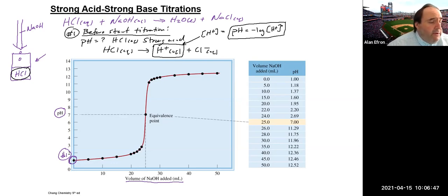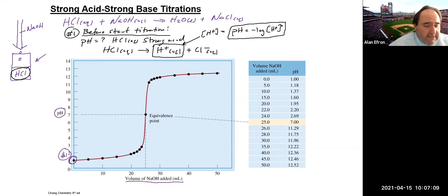We could do it in molarity because we have not added anything, so there's no dilution. Whatever the concentration of that strong acid was to start with would most likely be your H+ concentration, and we could go right into our pH equation and get the pH.